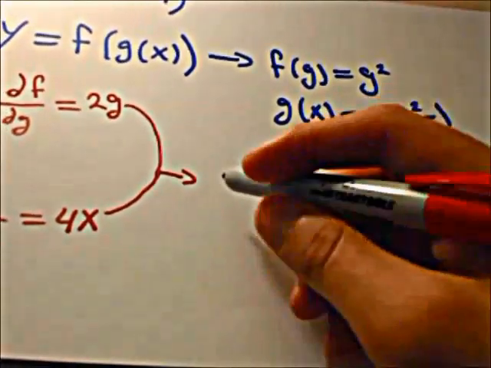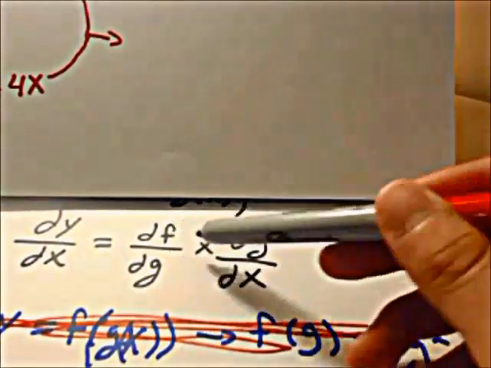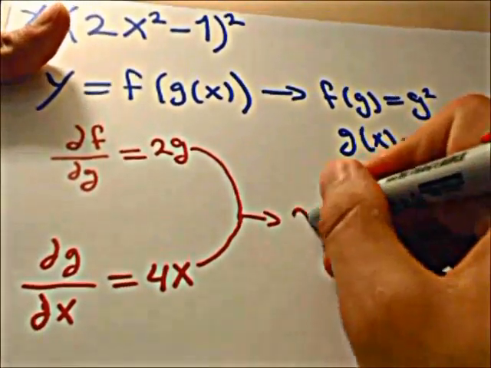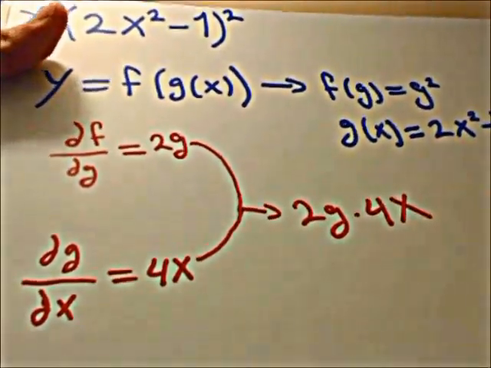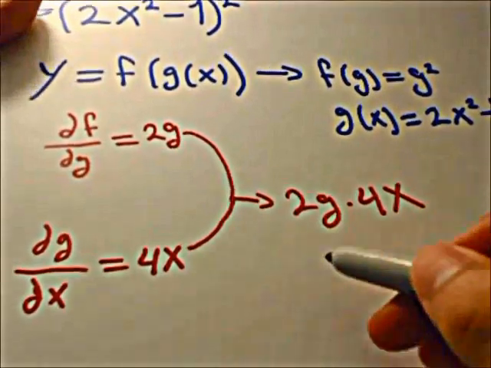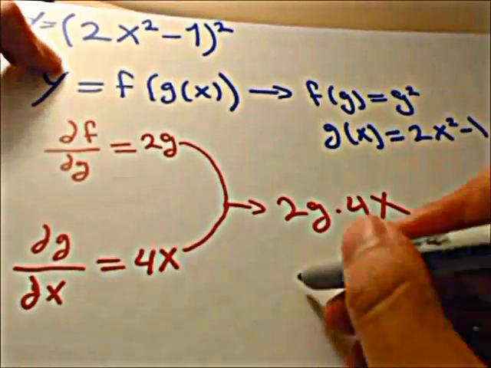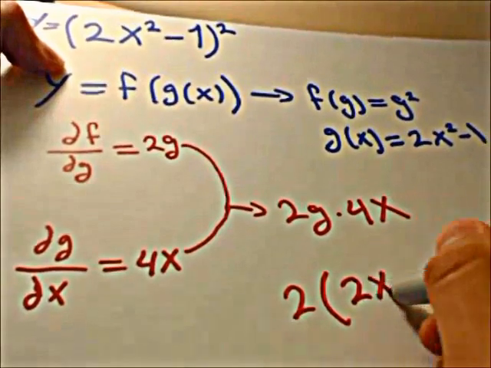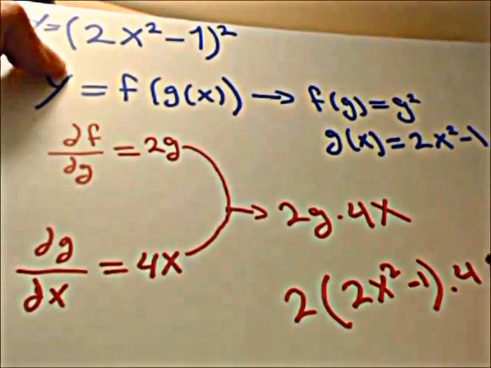Now, as stated in the formula, we take the derivative of f times the derivative of g, and that's what we're going to do here. So it's going to be 2g times 4x. Now we put g back in its original form, which is what was inside the parentheses, 2x squared minus 1, times 4x.